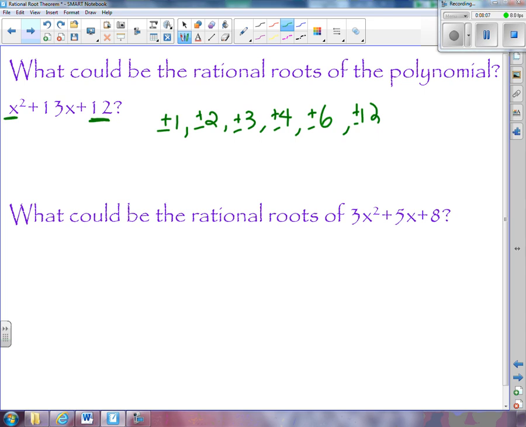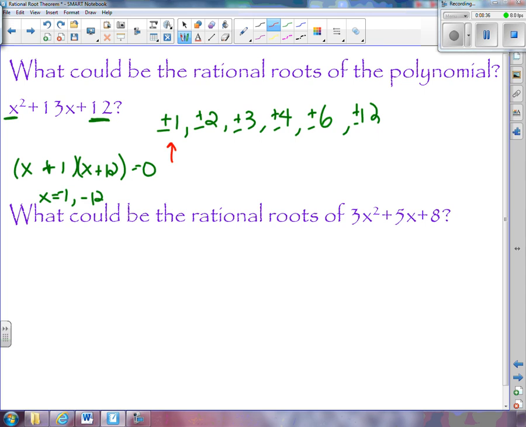Just for fun, let's try to find out what these roots actually are. If I take this polynomial and divide it and factor it, which numbers multiply to 12 and add to 13? 1 and 12. So the roots of this polynomial are x equals negative 1 and negative 12, which were two of my possible answers.